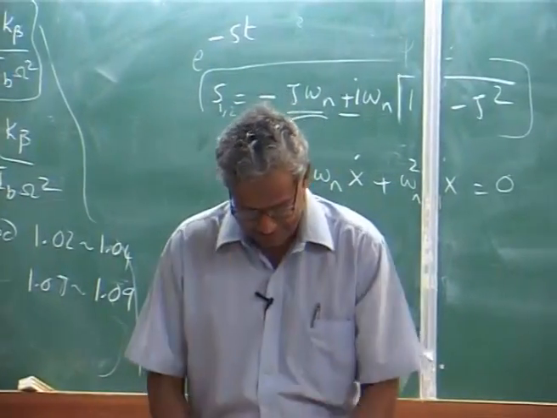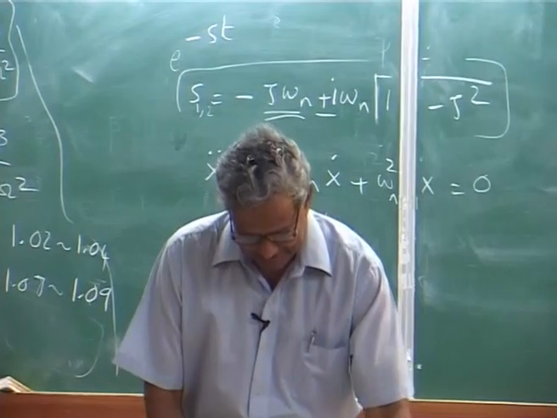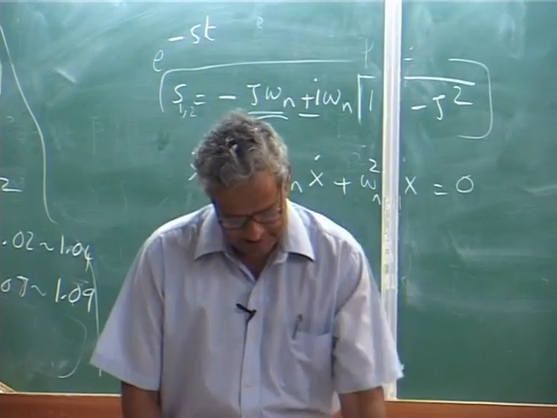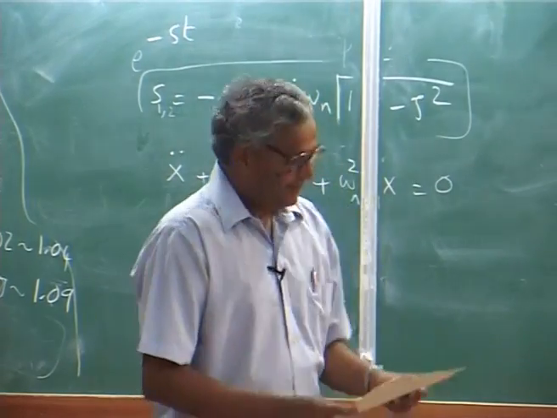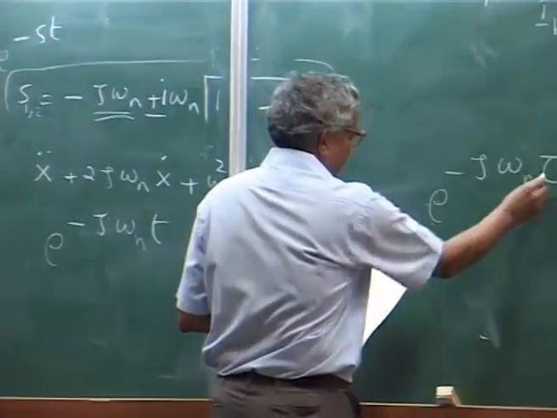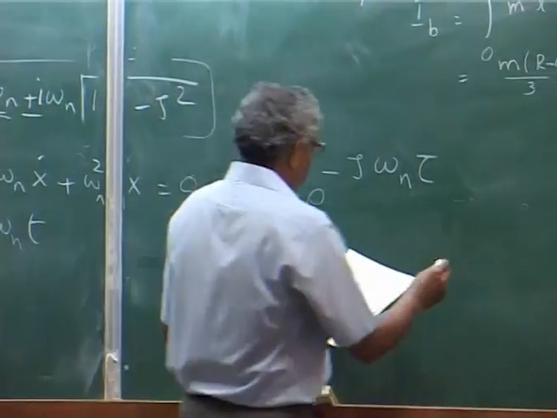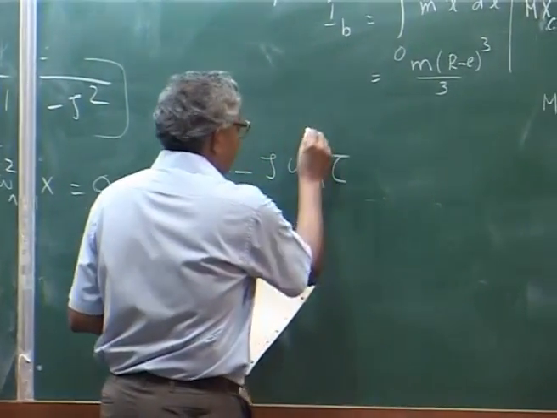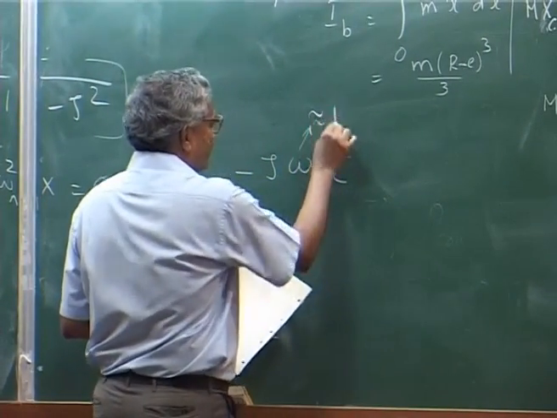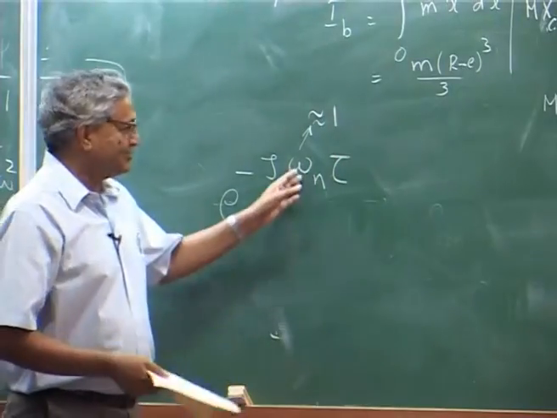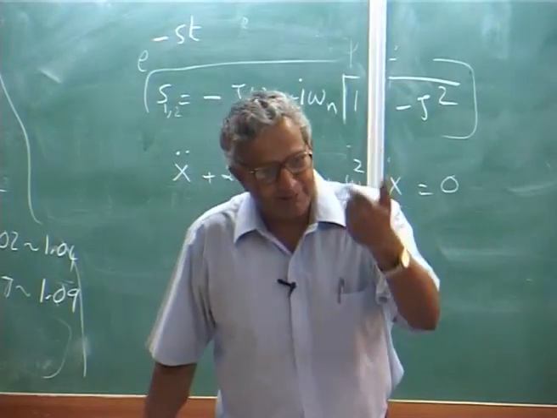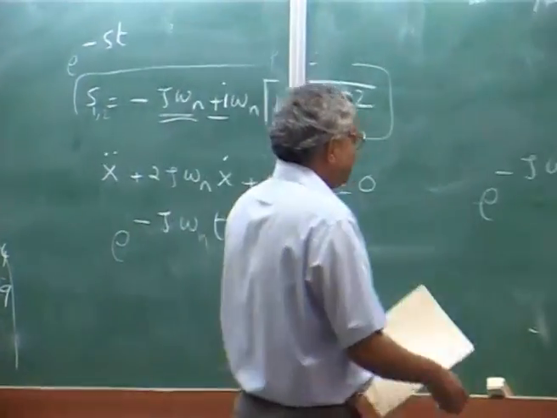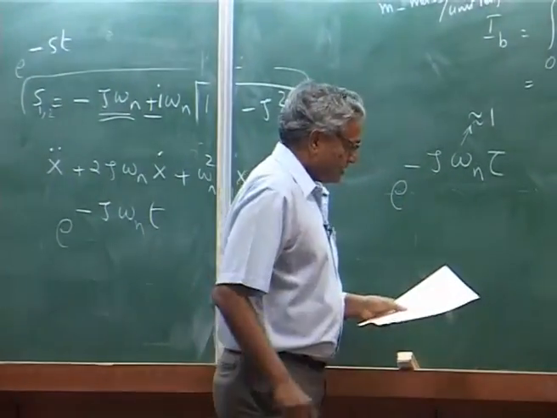I will just briefly mention here. That is this tau for half. You take this value as approximately 1.